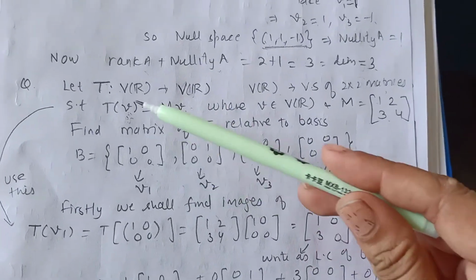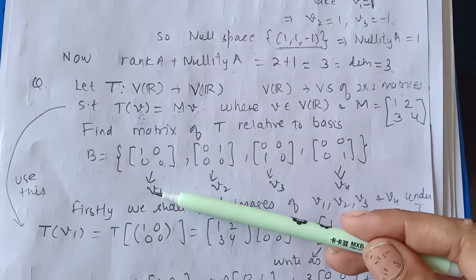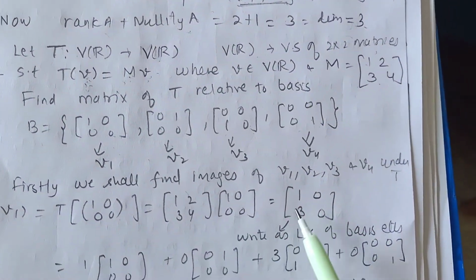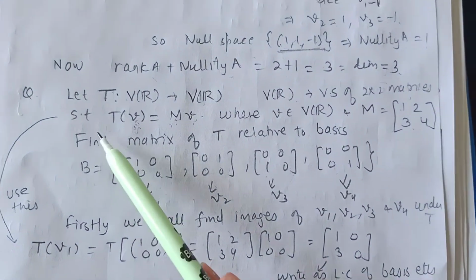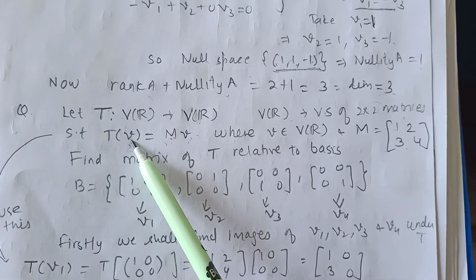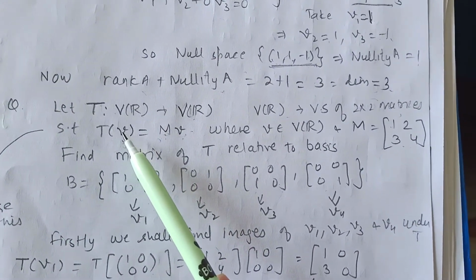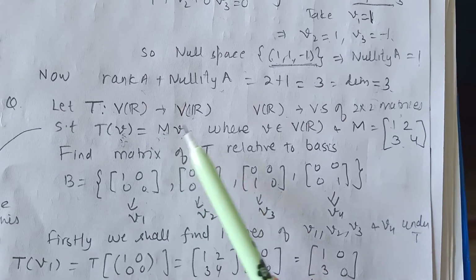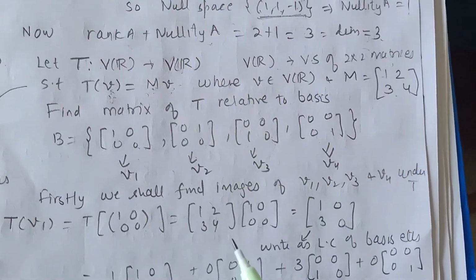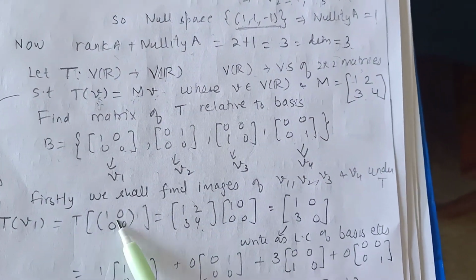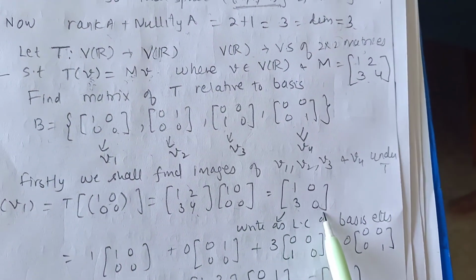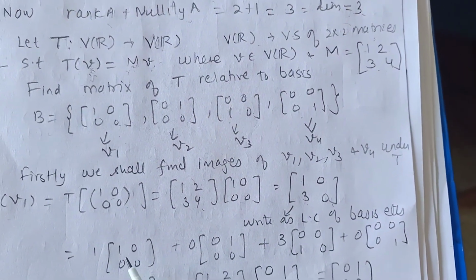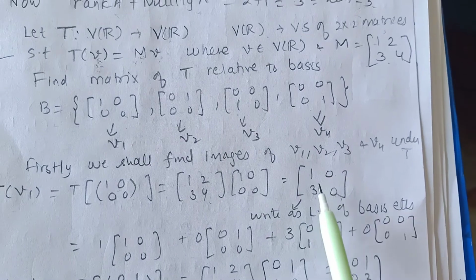That is, first I will input this value as v1 and I obtain this answer. But what is this linear transformation going to do? It is going to multiply my input value with this fixed matrix, right? So this was the fixed matrix and this was the input value. I obtained this answer. Now this is something you should observe carefully.